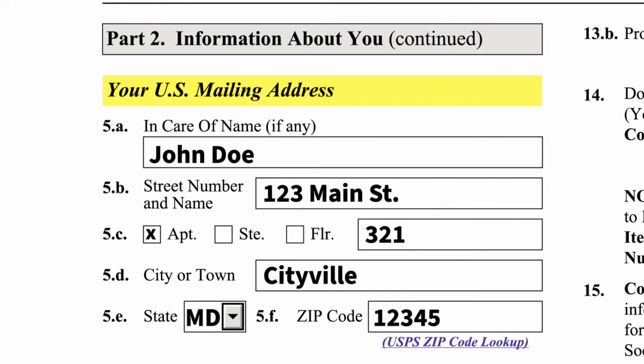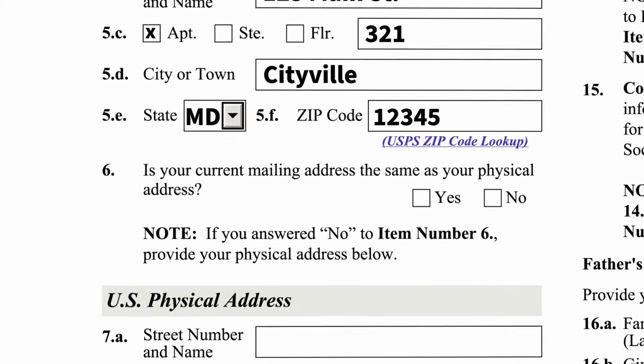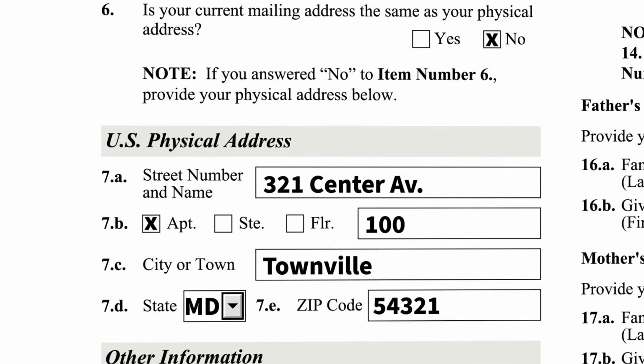If the mailing address provided is the same as your physical address, check Yes for item 6 and skip items 7A through 7E. Otherwise, check No and enter your physical address as well.